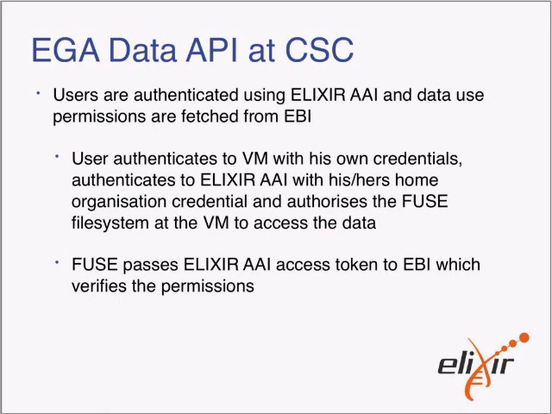These credentials are usually provided by his home organization, and then the user authenticates to ELIXIR AAI inside the virtual machine, and then he or she authorizes the FUSE file system to access the data. And this FUSE file system passes the ELIXIR AAI access token to EBI, which then verifies their permissions.